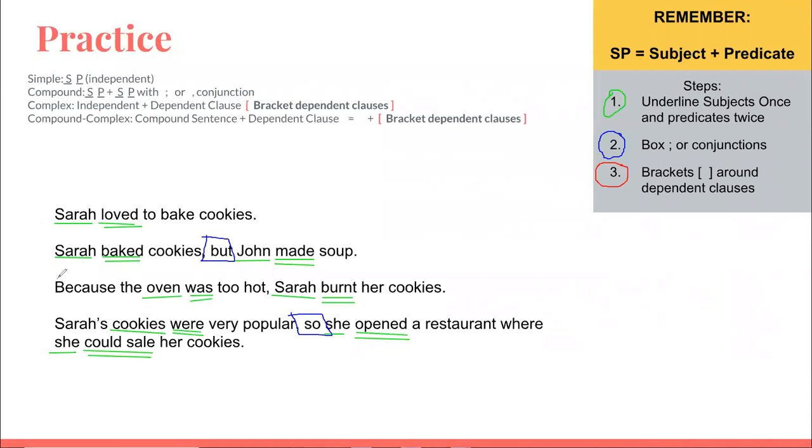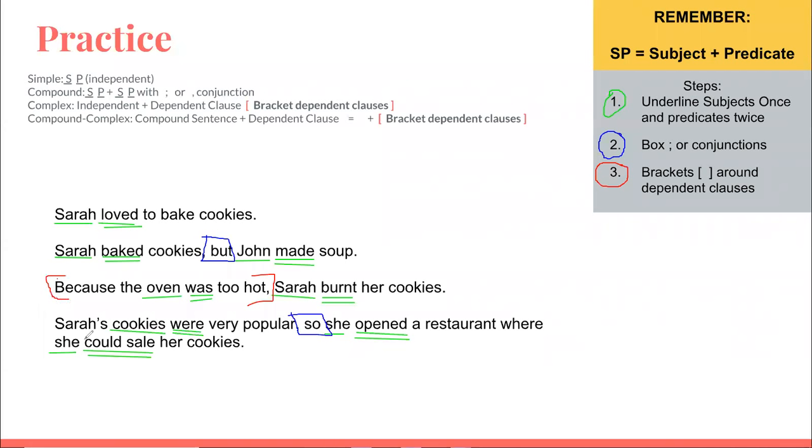Well, here's one. I'm just going to mark it, and now I have a subject and a verb. So I've got a subordinating conjunction and a subject and a verb. So "because the oven was too hot" doesn't complete a thought. I definitely know this is a dependent clause. So I'm going to bracket this. That's a crazy wonky bracket.